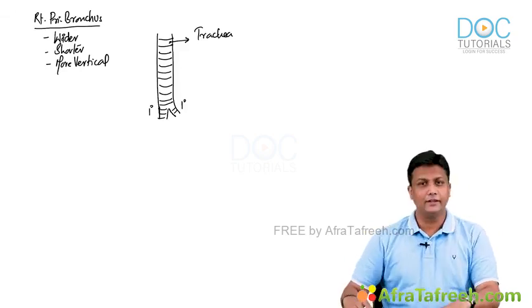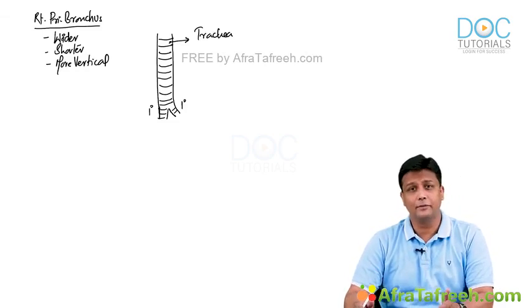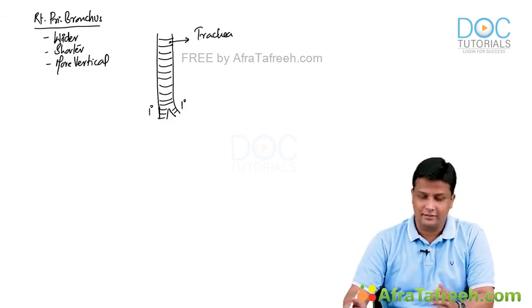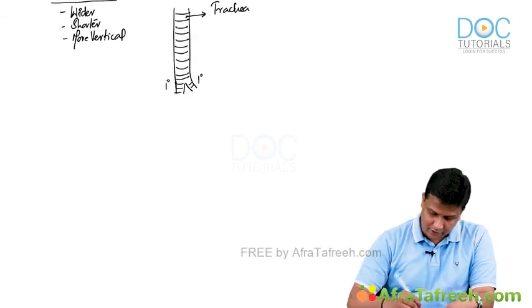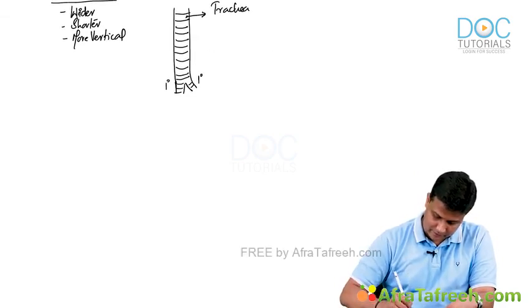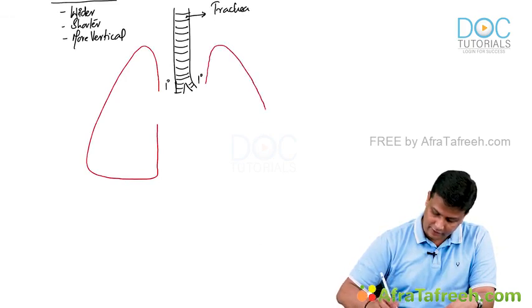Now this primary bronchus is the one which will enter into the lung, and obviously the right primary bronchus will enter into the right lung, and the left primary bronchus will enter into the left lung. So let's do one thing here. Let us try to incorporate our lungs over here. This one here will be your right lung, and this one here will be the left lung, guys.